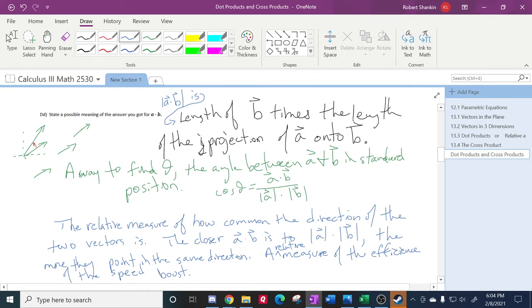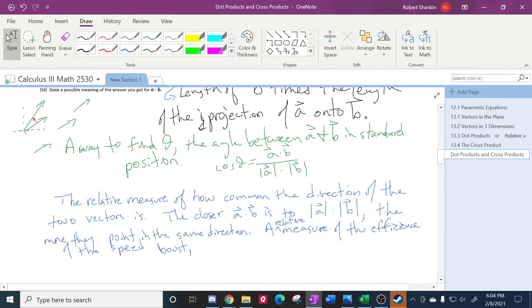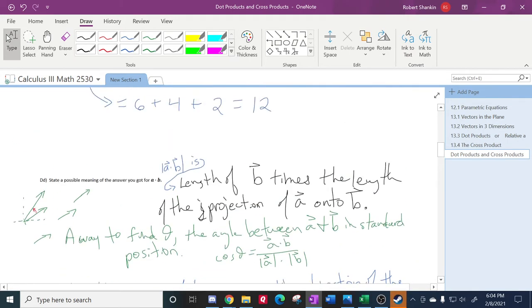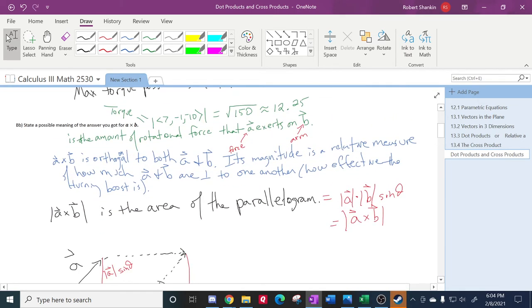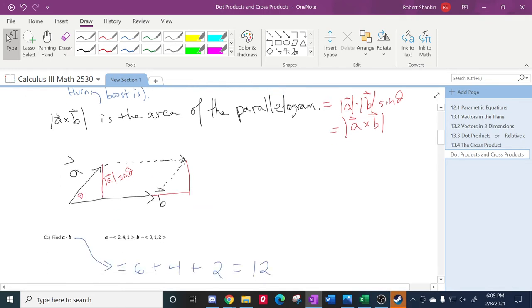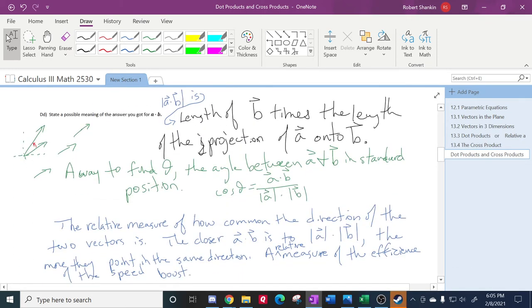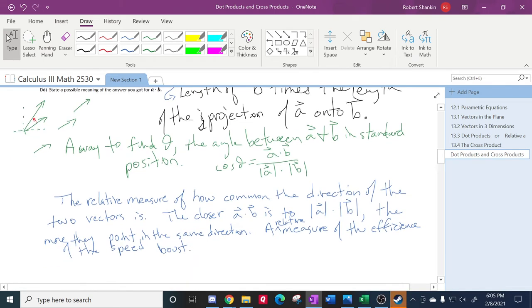Just like the cross product is a relative measure of the efficiency of the turning boost, this is a relative measure of the speed boost. The bigger the number over here, the better the speed boost relative to this maximum. The bigger the number over here for the cross product, the more efficient the turn boost is. And they're just opposite. Where one maximizes, the other minimizes.